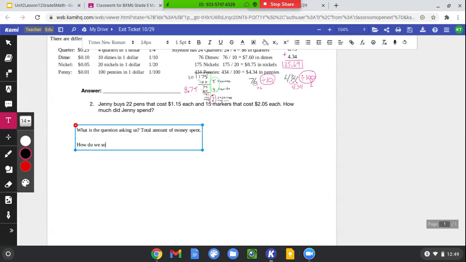How do we solve for that? We are going to multiply the number of pens by the price. Then we are going to multiply the number of markers by the price.